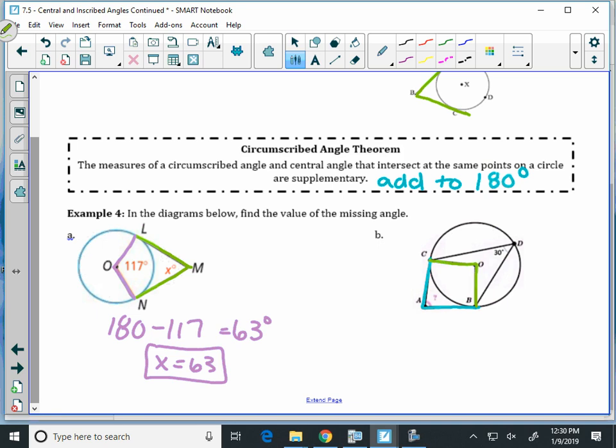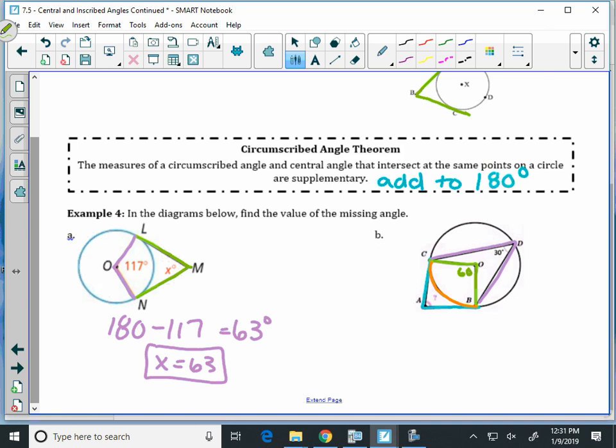Yeah. Very good. This other angle they gave us, this purple angle, is an inscribed angle, and it's intersecting the exact same arc as the central angle. So using the shortcut that Trent used, just double your inscribed angle, and it gives you your central. So when we double 30, what does that give us?